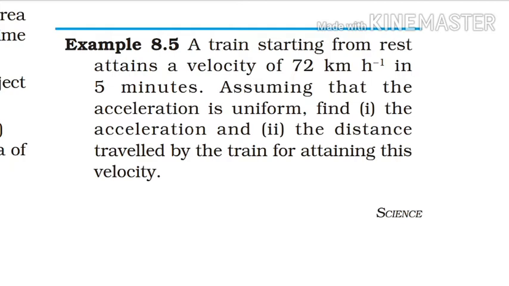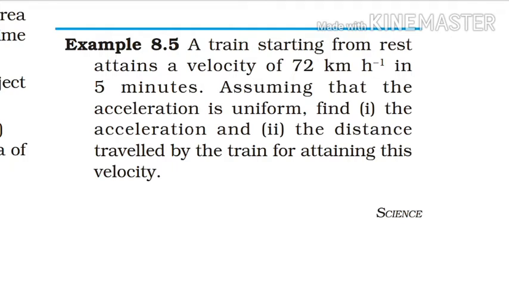So S can be equal to v square minus u square by 2a. It means 20 square minus 0 square by twice of a, that is 1 by 15. It means 400 minus 0 divided by 2 by 15. 15 goes upside, so 400 multiplied by 15 divided by 2, it means 200 multiplied by 15, which is 3000. 3000 meter means 3 kilometer.